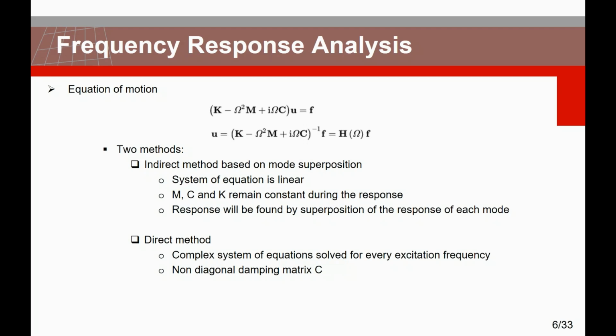The response will be found by superposition of the response in each mode. If the damping matrix C is not orthogonal, a direct solution is more suitable. The direct frequency response requires the solution of a complex system of equations for every excitation frequency, which can be time-consuming in terms of computation.